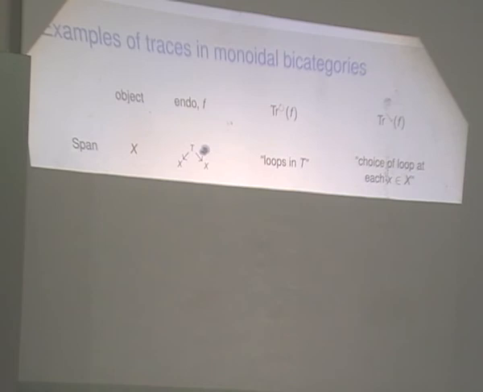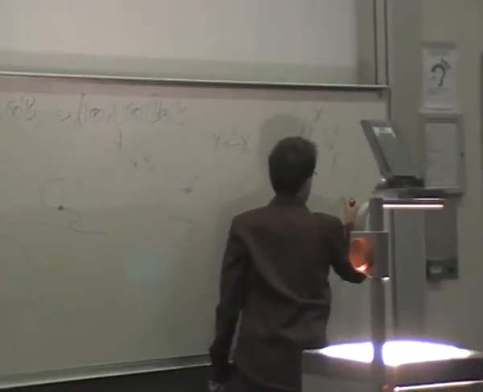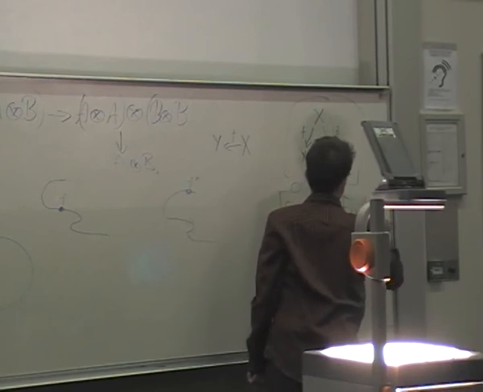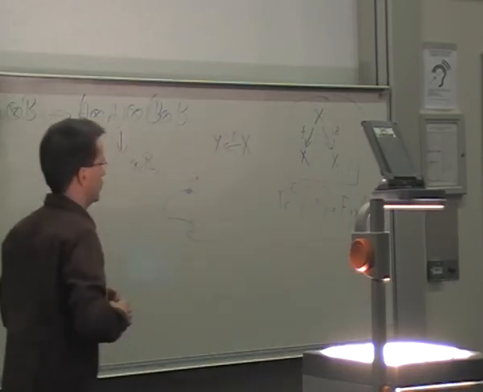I should add, right at the beginning I said that if we have a map from X to Y, then we get a span. If T is coming from this example here, then the round trace of this span, if you check what a loop is, is the things where the identity is equal to F. So this is the set of fixed points of F, which is another good test for a trace.